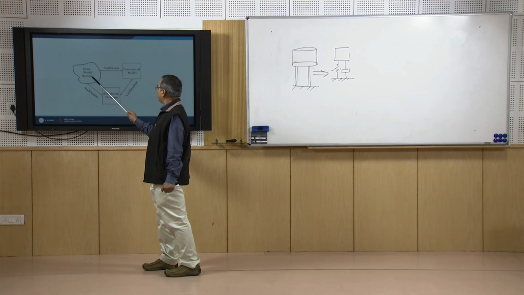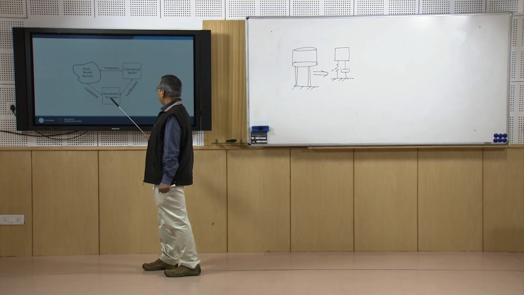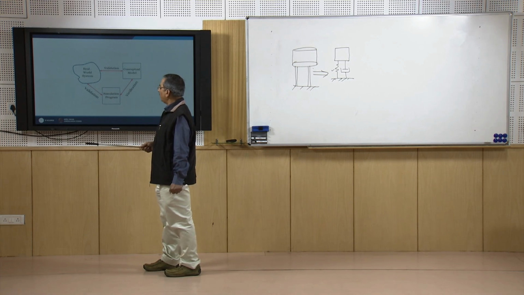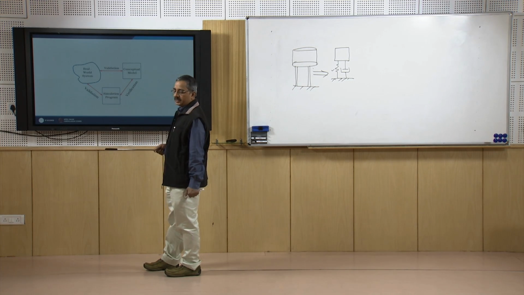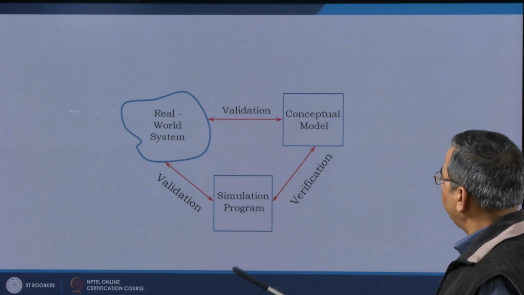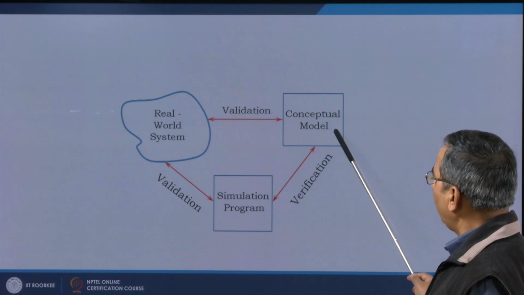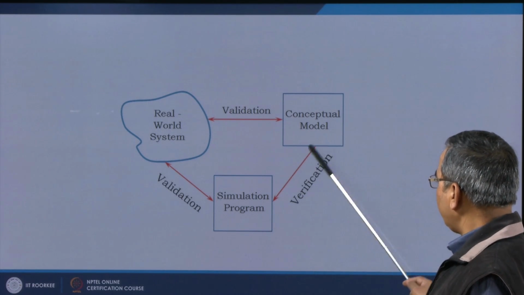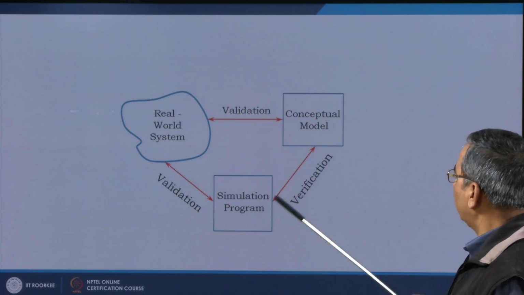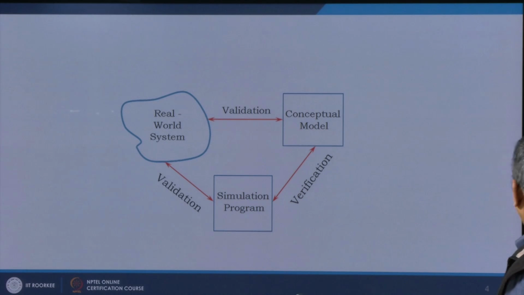Validation could also be described as whether your simulation program is truly representing the behavior expected from the real world system or not. Verification means that whatever conceptual model you have prepared, when you are coding and getting the results, whether you are getting them correctly or not.